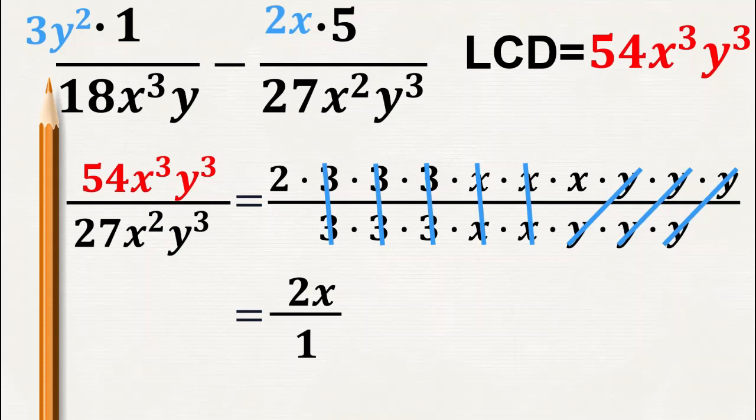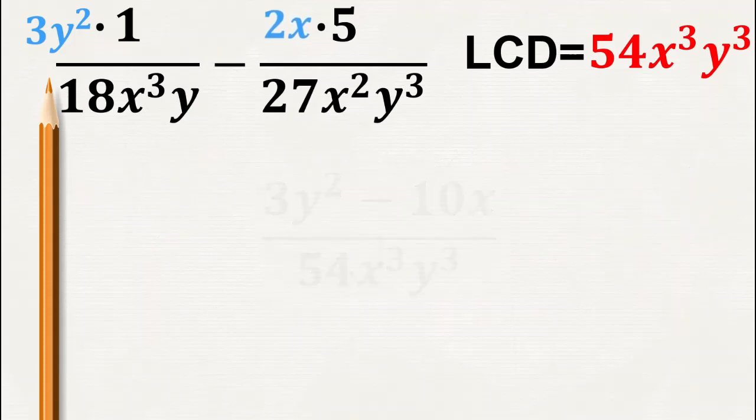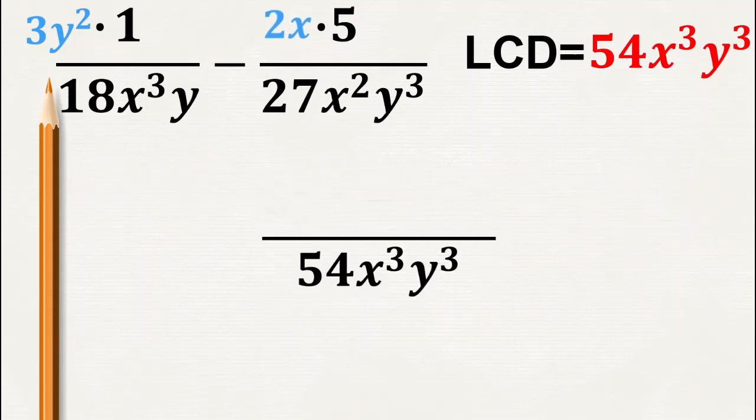Copy first our LCD. We have 54x cubed y cubed. And then simplify our numerators. 3y squared times 1 is 3y squared. Next is 2x times 5 is 10x. Take note of our operation.